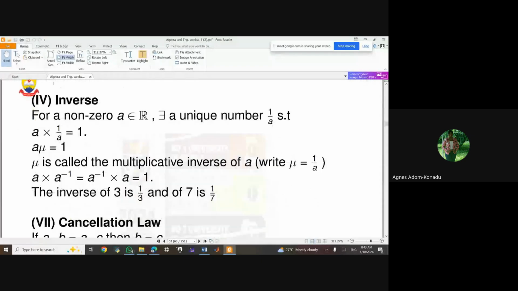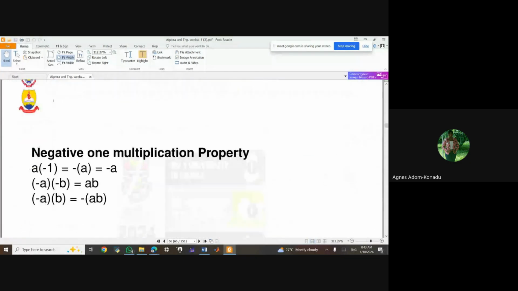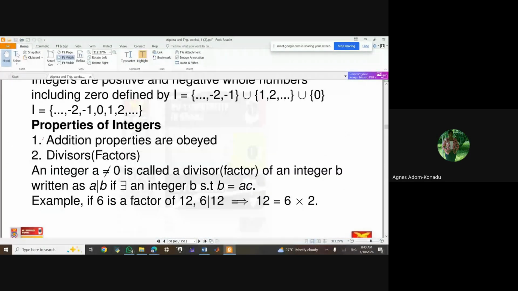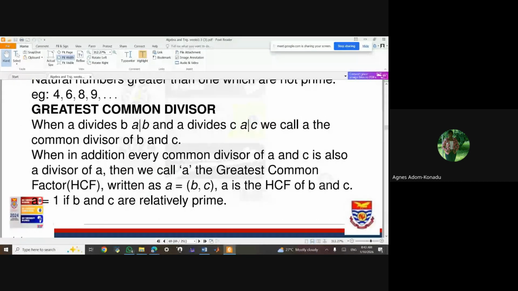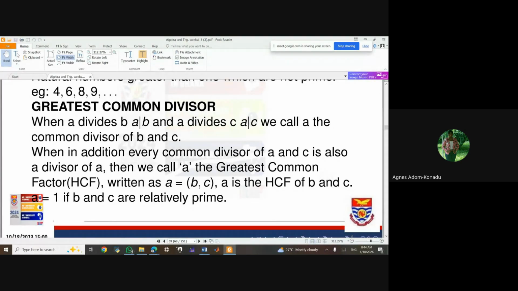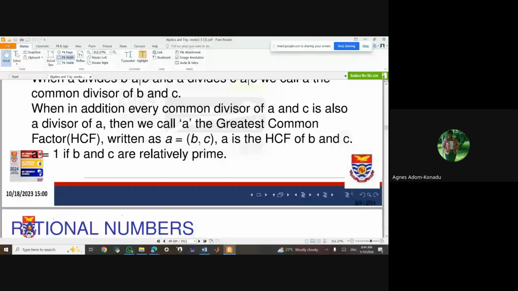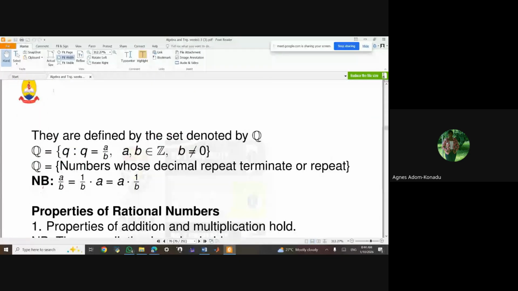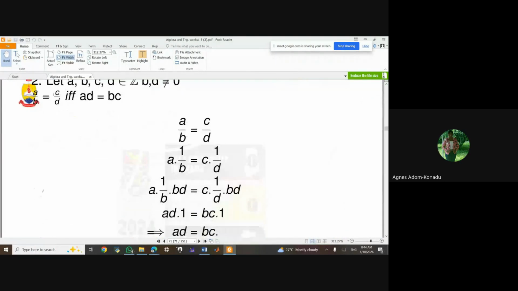It's in the notes. And we even used that in proving one of the theorems here, that the square root of 2 is not rational. It's irrational. And we did that. So please take your time and read the notes.